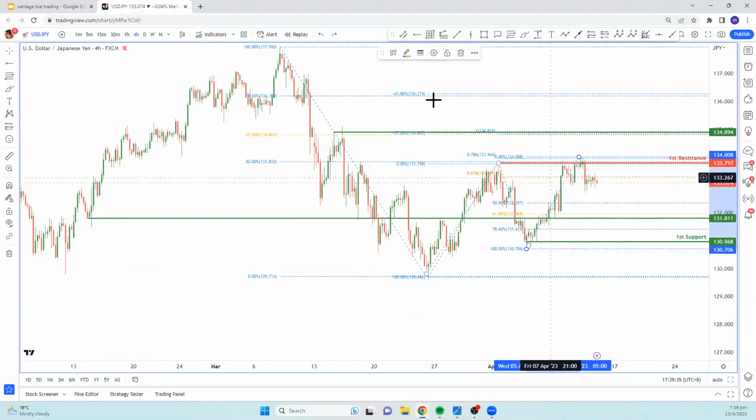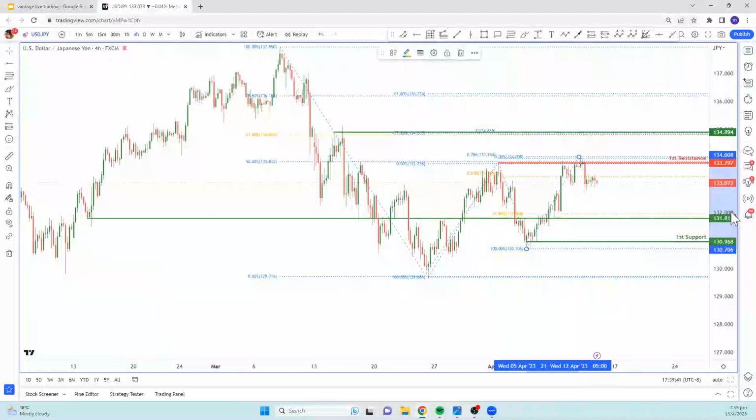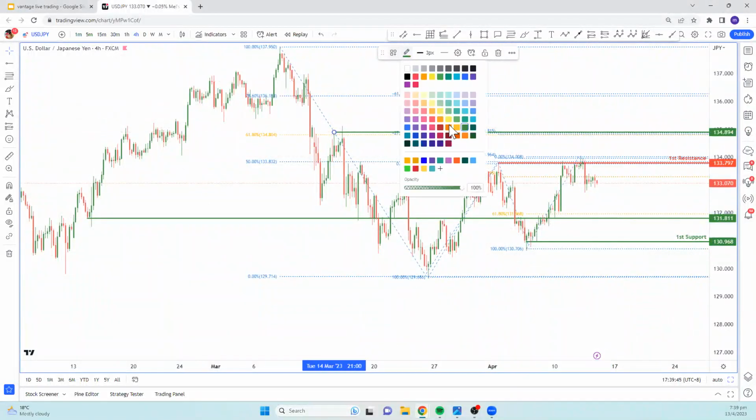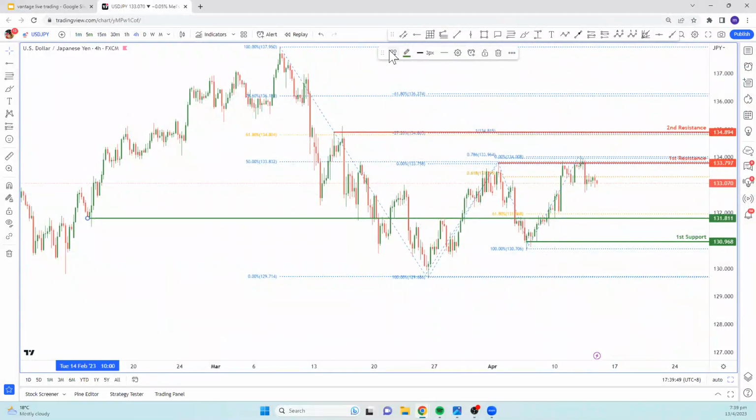Okay, so let me clean this up. Now this would be my second resistance, and my first resistance would be here, or first support, sorry, and my second support here.